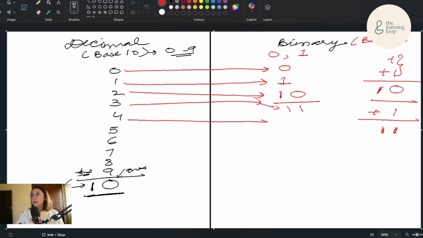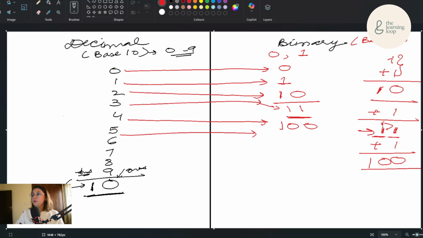For 4, again you can see we have exhausted the numbers on both positions. Now if I do +1 here again, it would be 0, 1 carry forward, 1 plus 1 is 0, and we will have 1. So it would be presented as 1, 0, 0. 5 would be represented as 1, 0, 1.